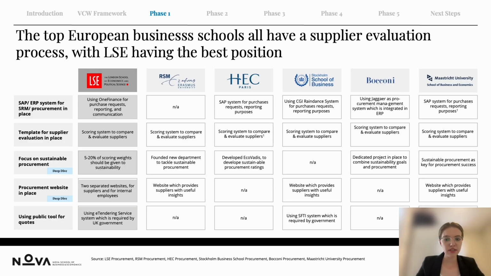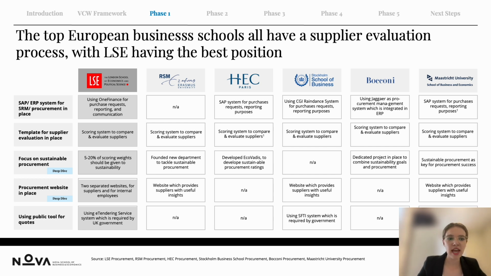Additionally to the PESTEL and the Porter's 5 forces, we also take a look at the competitors of Nova SBE, which are the top European business schools. What you can see here is that we picked out 6 of them and did research based on 5 different dimensions.